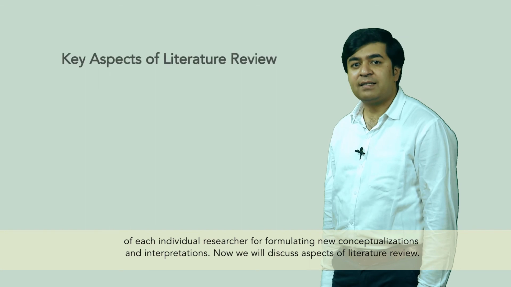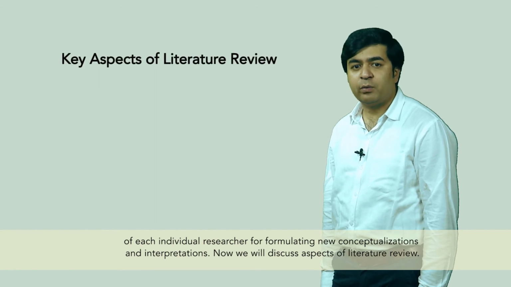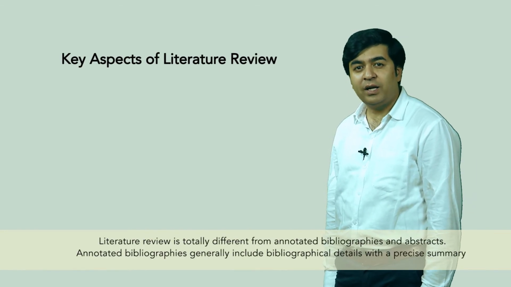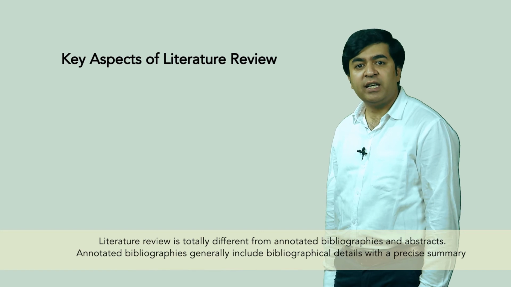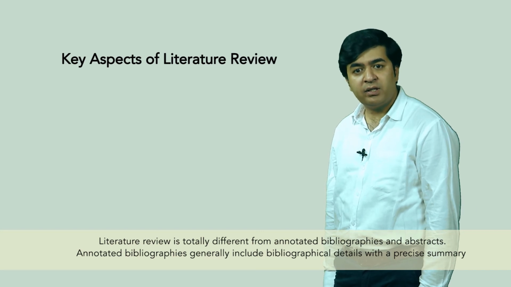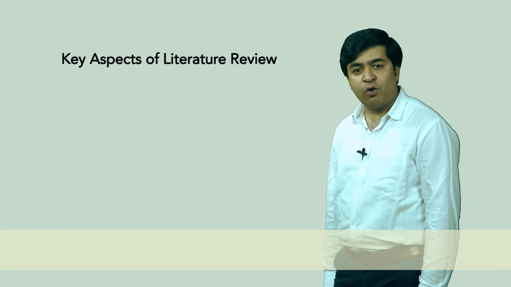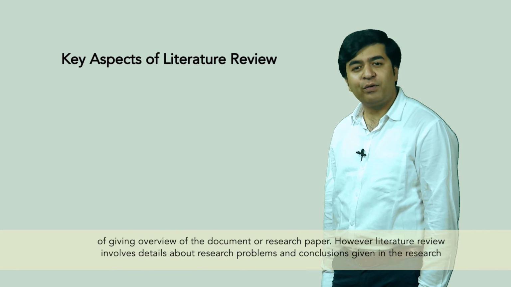Now we will discuss key aspects of literature review. Literature review is totally different from annotated bibliography and abstract. Annotated bibliographies generally include bibliographical information with a precise summary giving an overview of the document or research paper.